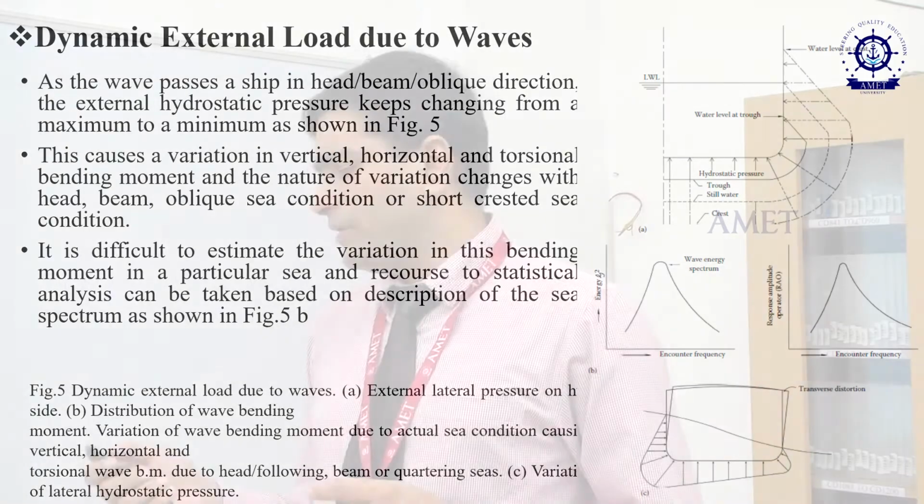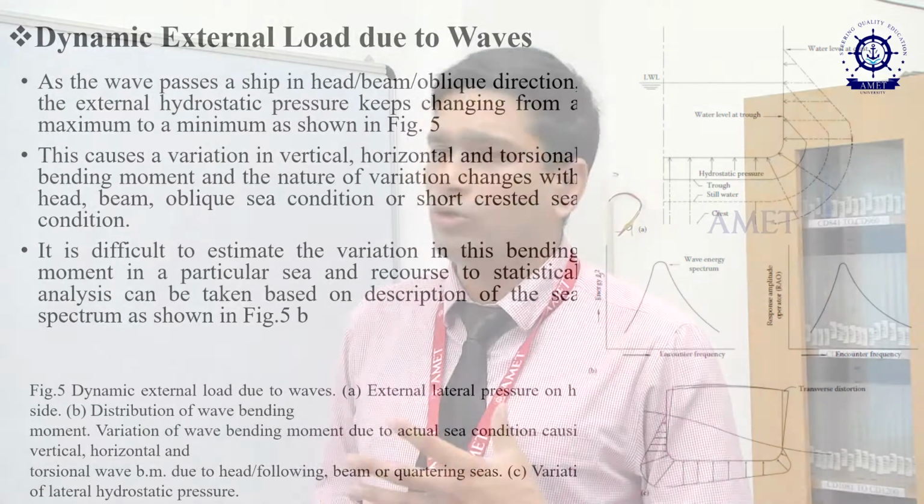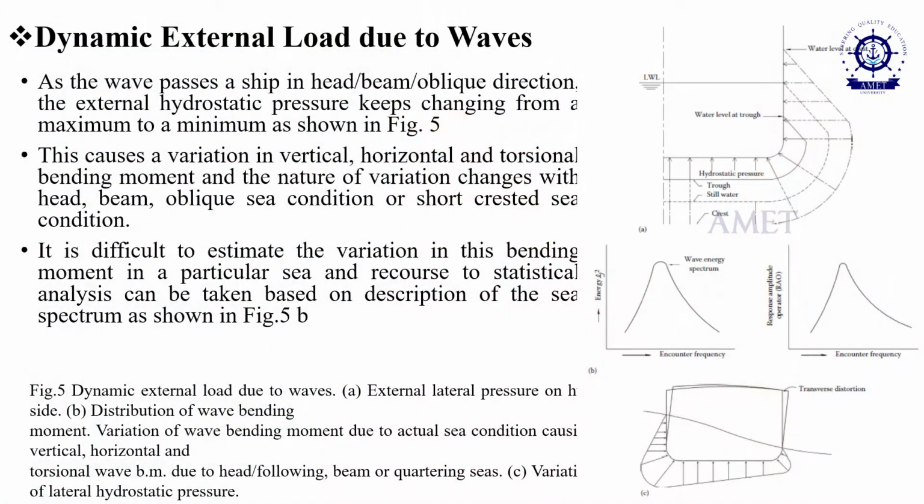External loads are basically due to the waves, which are dynamic in nature and are always experienced by a ship. They cause various variations in loading, and cause vertical, horizontal, and torsional bending moments of various nature, which change with different angles and different intensities.